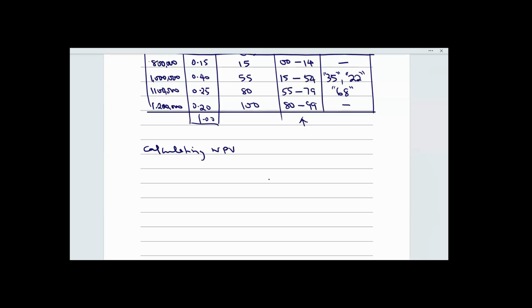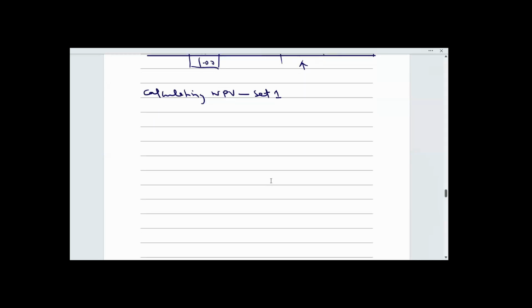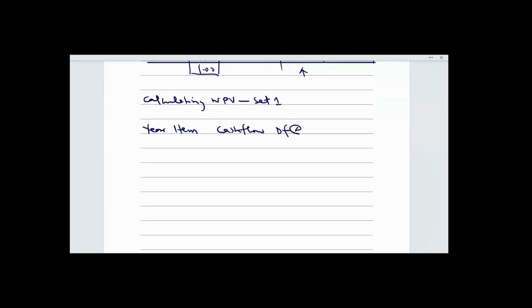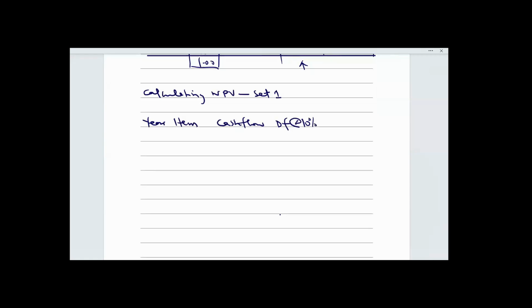Create a column for year, description of item, cash flow, discount factor. The cost of capital given in the question is 10%. Then present value.